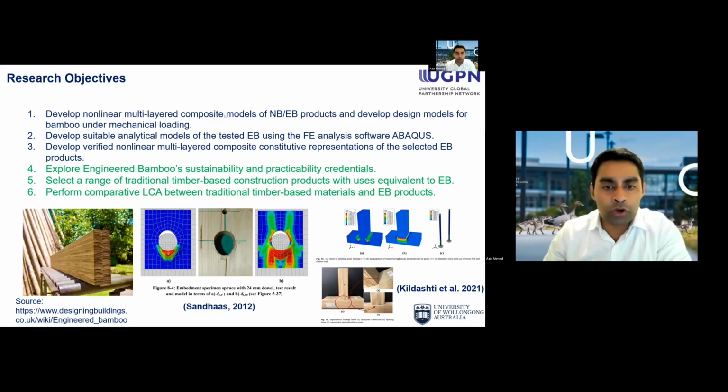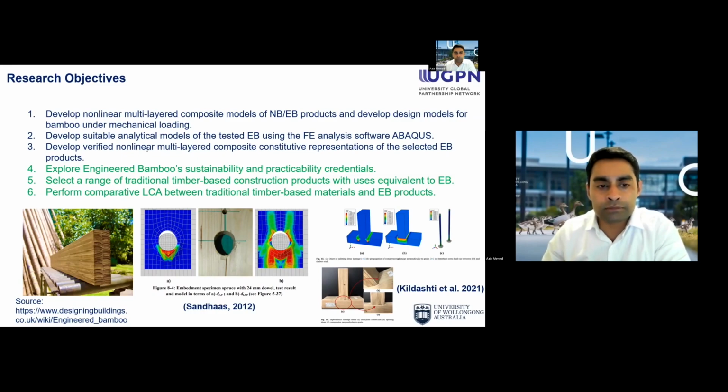So for the composite model, today I'll be presenting the state of the art. That means what other people have done for engineered timber, and that we can then modify or improve upon for engineered bamboo. And then suitable analytical models for tested beams. This suitable analytical model would be based on finite element software Abaqus.